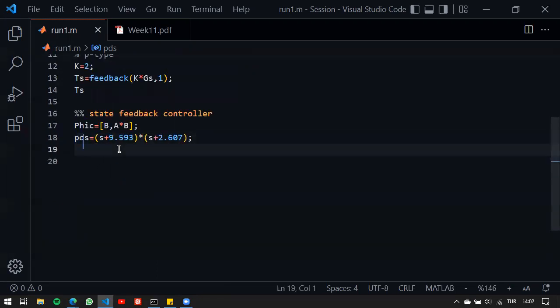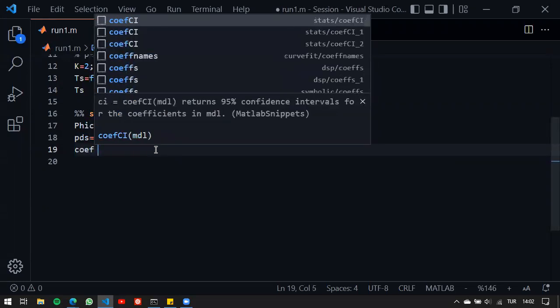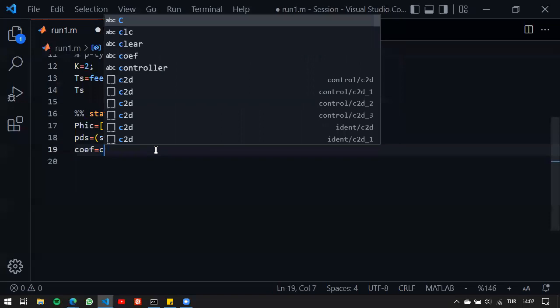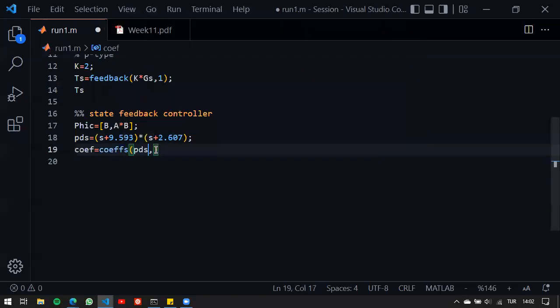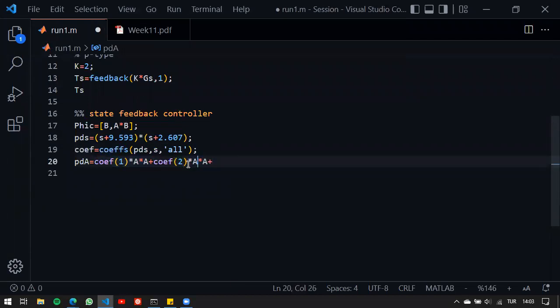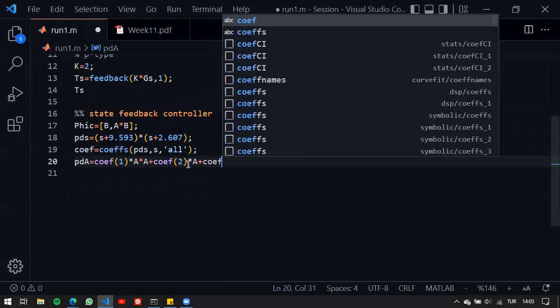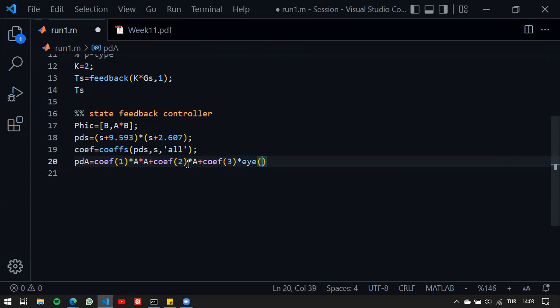So I have PDS. Now the interesting thing here is that I need the coefficients, coefs of PDS, and I'm manually constructing PDA. Let's say coef 1 times A squared plus coef 2 times A plus coef 3 times the identity matrix.